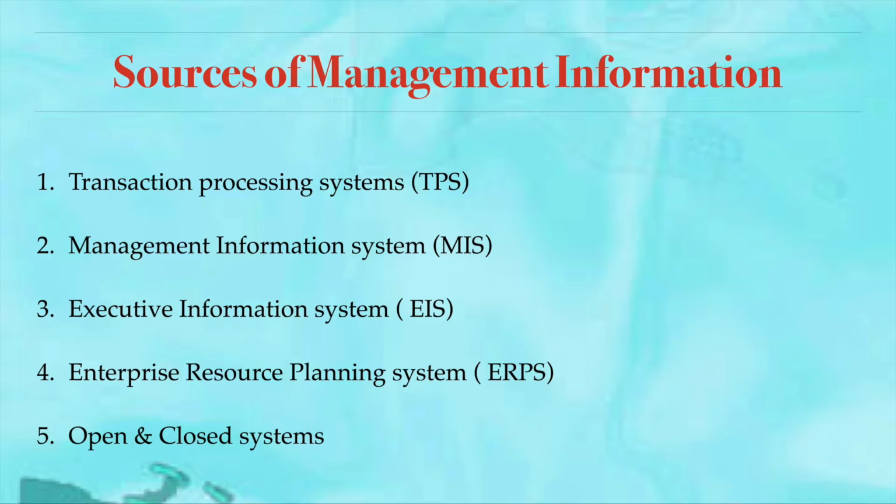But in the second system, the management information system, I need to convert all those numbers and tables into useful information that is applicable to managers at all levels, whether an operational manager, a senior level manager, a functional manager, etc. It particularly focuses on management, that is the decision making authority.